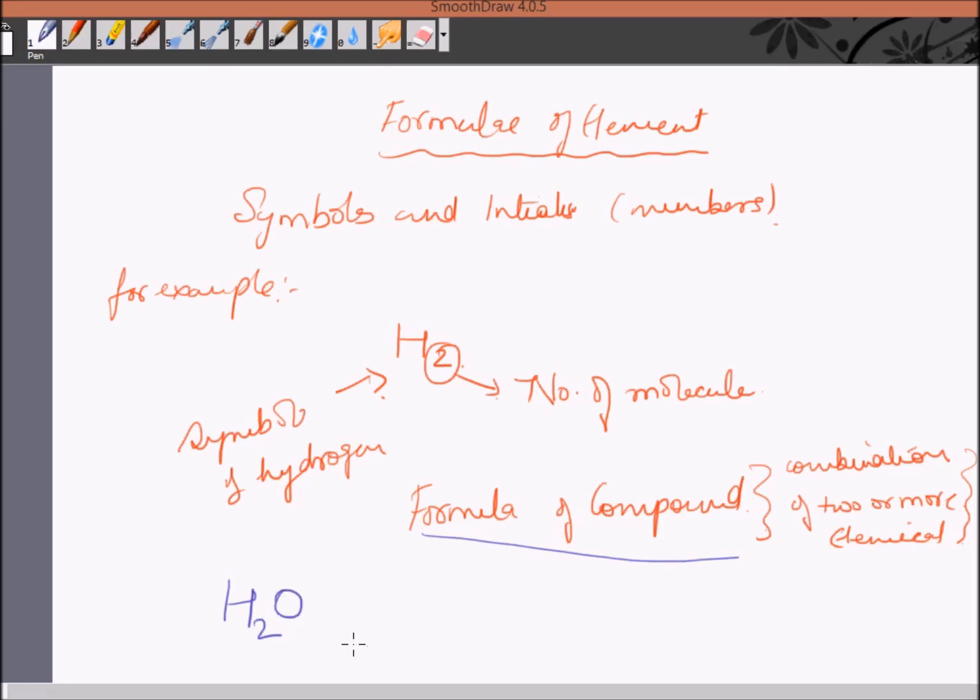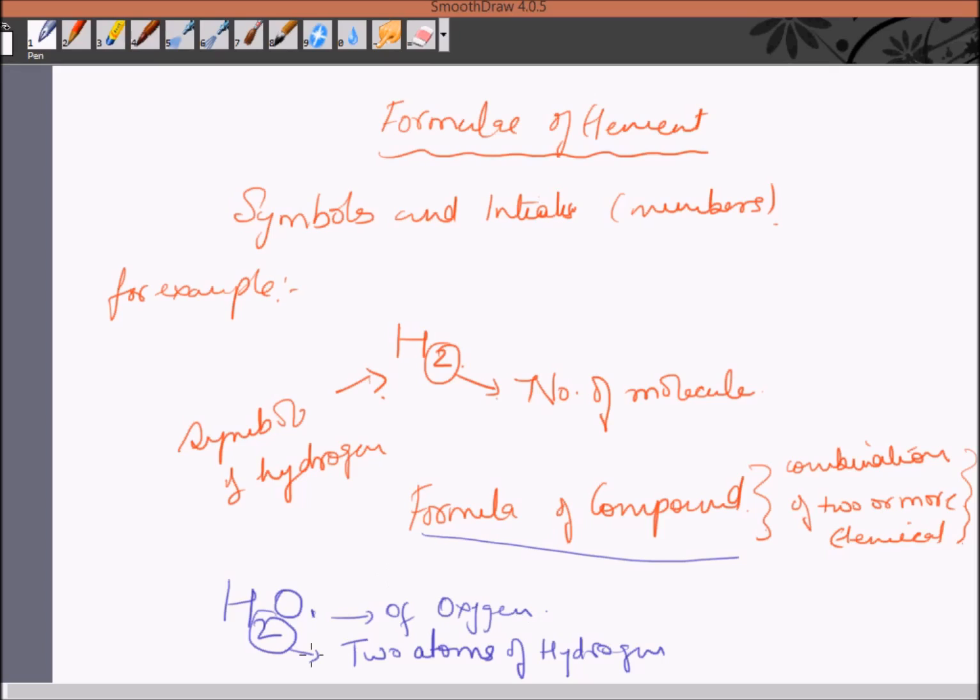So water is a compound whose molecule contains two atoms of hydrogen and one atom of oxygen, right? So the formula of water is H2O. In the formula H2O, the symbol H2 indicates two atoms of hydrogen and O represents one atom of oxygen, right?